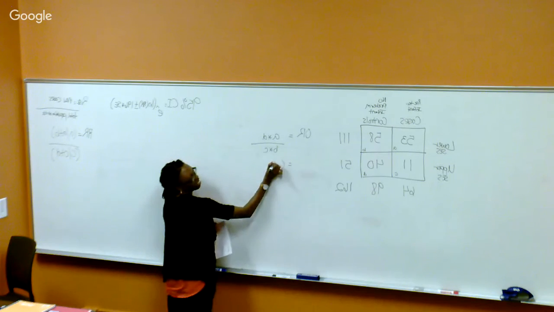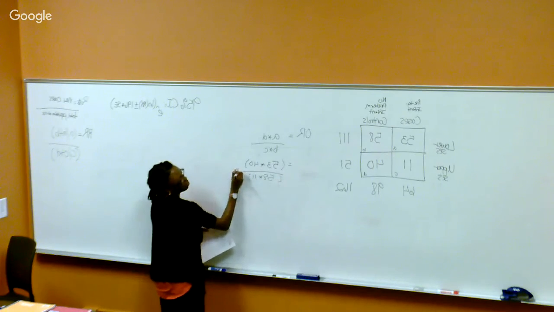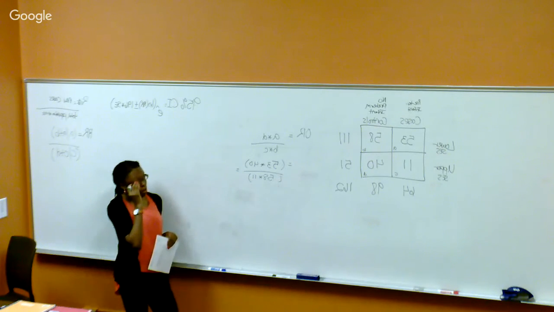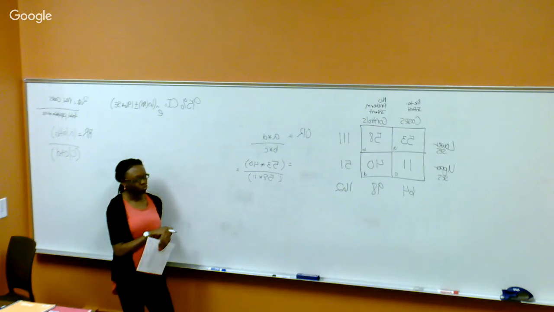So we're doing 53 times 1, on the 58. That comes out to 3.32.